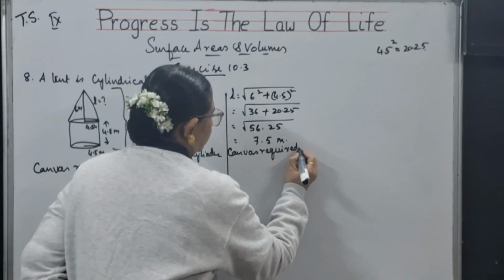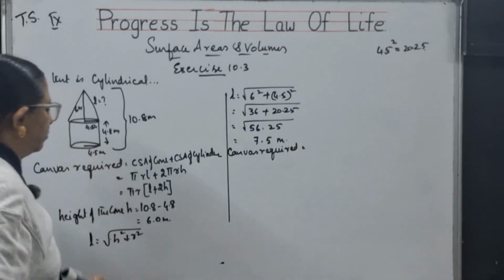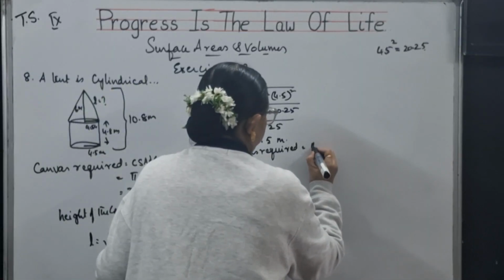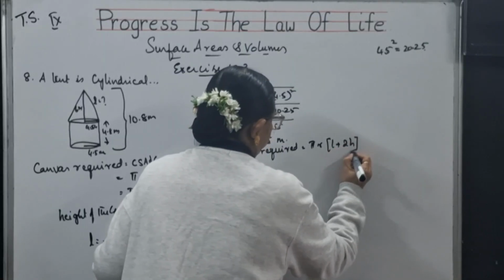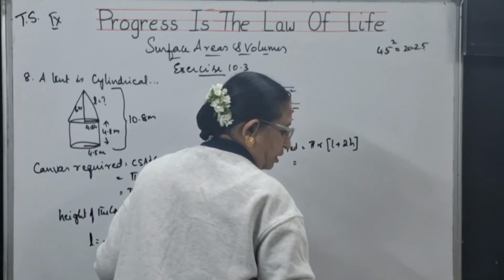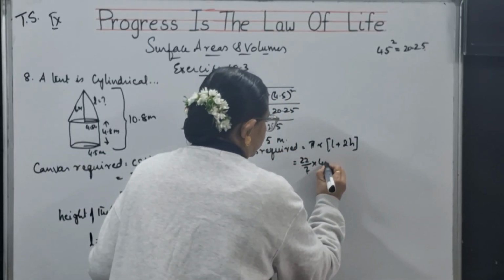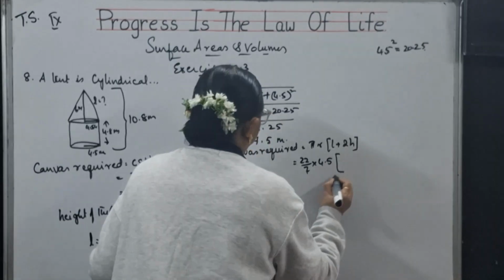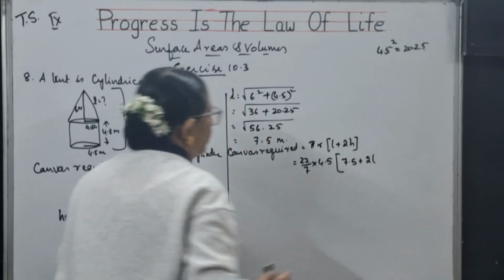Canvas required. Once again I am writing what is the formula that I have got for canvas required? Pi R into L plus 2H. So pi, did they ask anything? No, they didn't ask. So 22 by 7 into radius is 4.5 into length is 7.5 plus 2 into height.